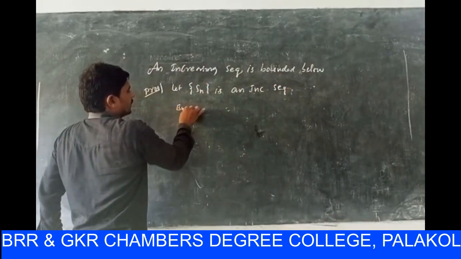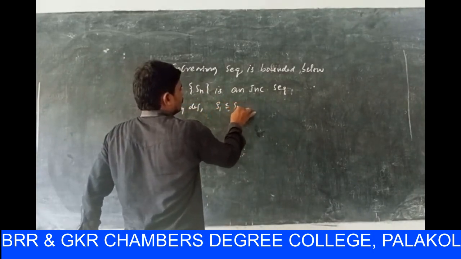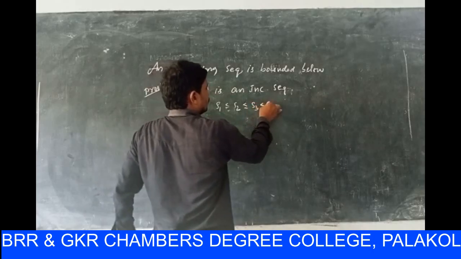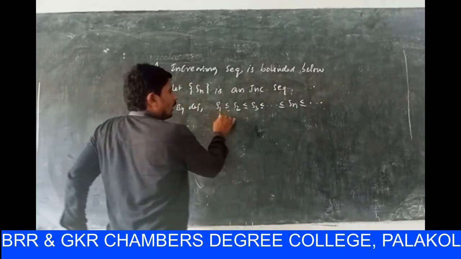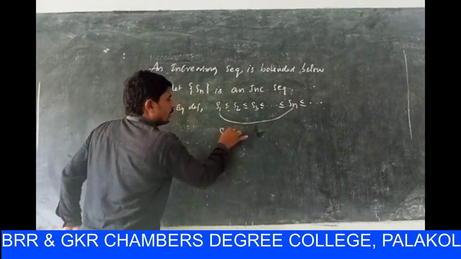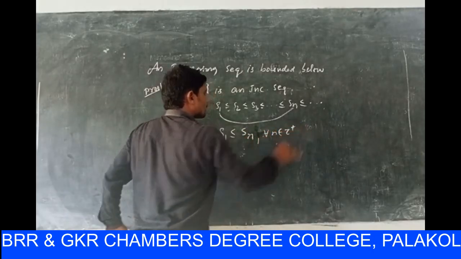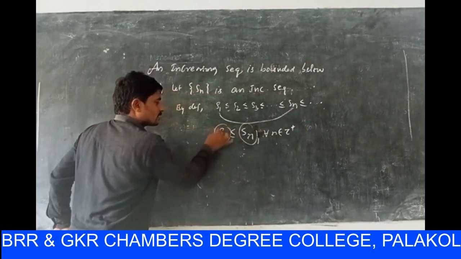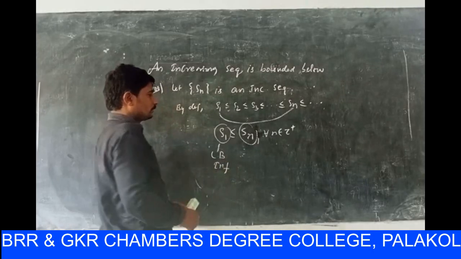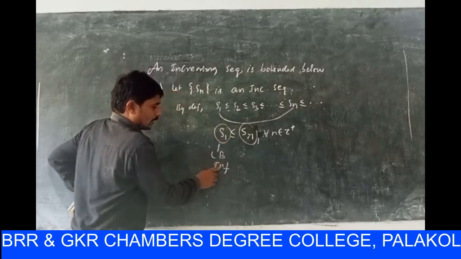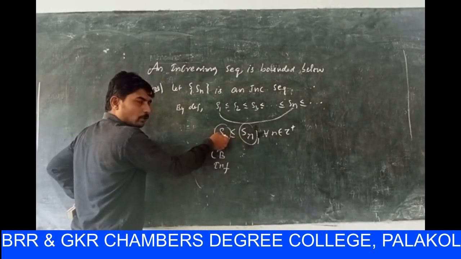By definition, S1 is less than or equal to S2, less than or equal to S3, and so on, less than or equal to Sn. I am taking these two, that is S1 is less than or equal to Sn for all n belongs to Z+. For this sequence, S1 is a lower bound. So Sn is bounded below by S1.